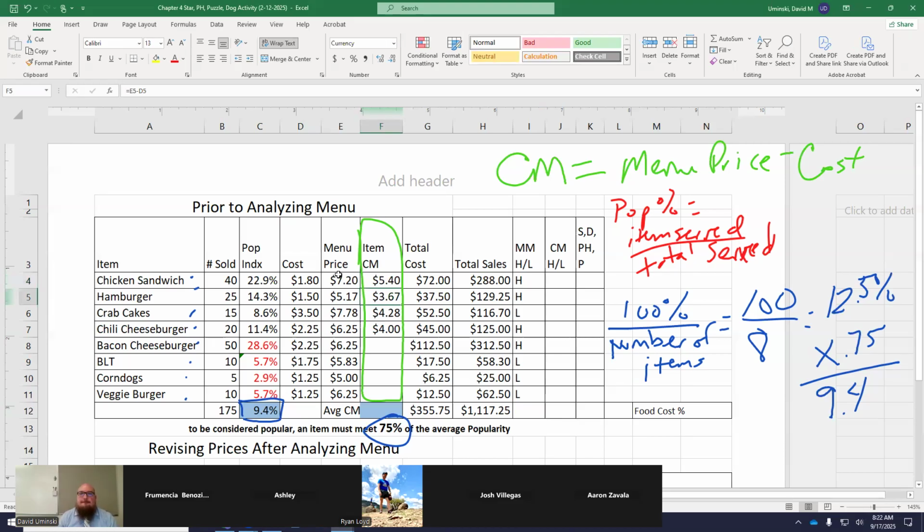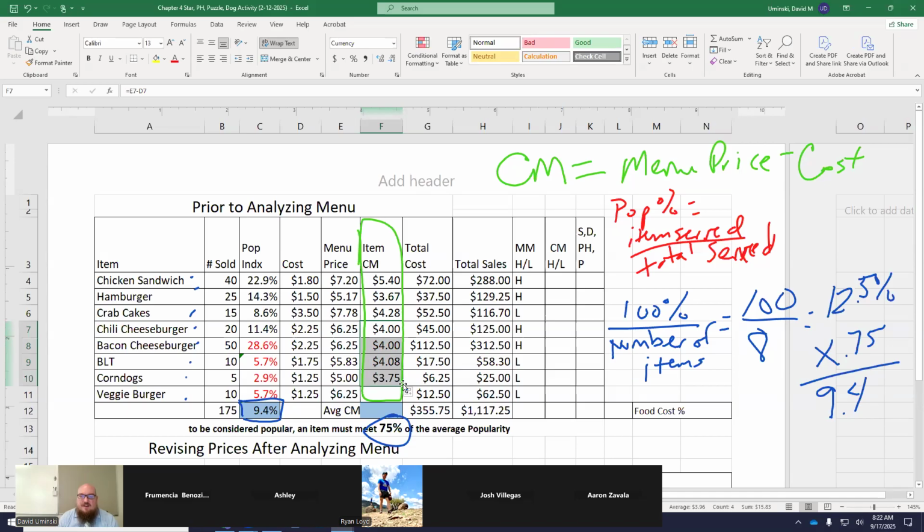Okay. So what is 6.25 minus 2.25? $4. What is $5.83 minus 1.75? 4.08. 4.08, good. Okay. And then what about $5 minus $1.25? 3.75.